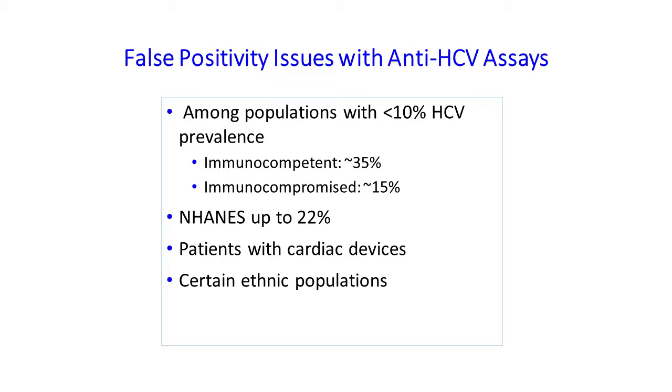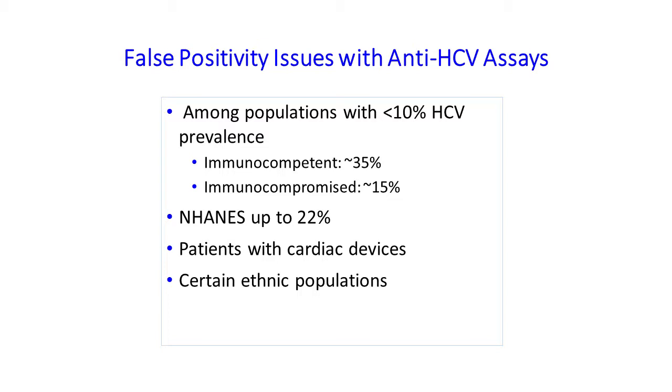Again, blood donors, active or retired military, and the general population. While in the immunocompromised, rates averaged approximately 15%. Recent NHANES estimates have a false positivity rate of approximately 22%.